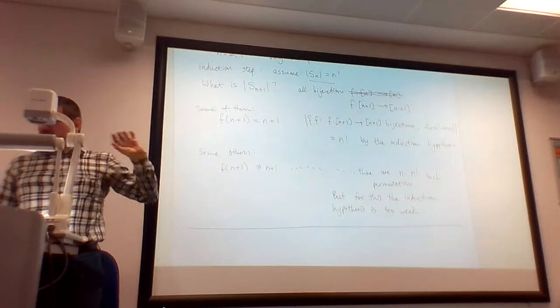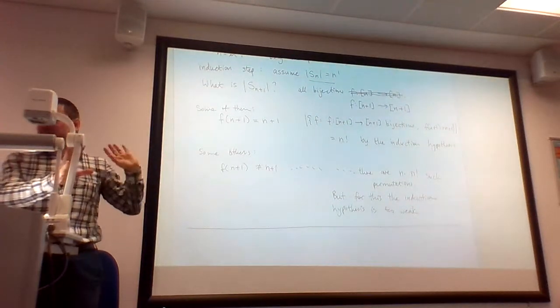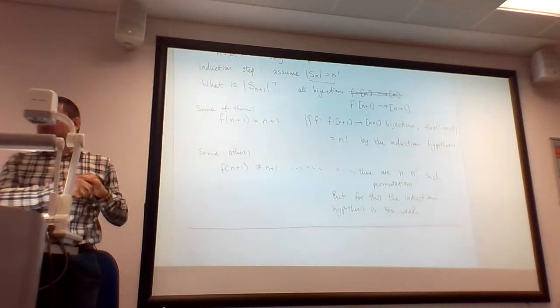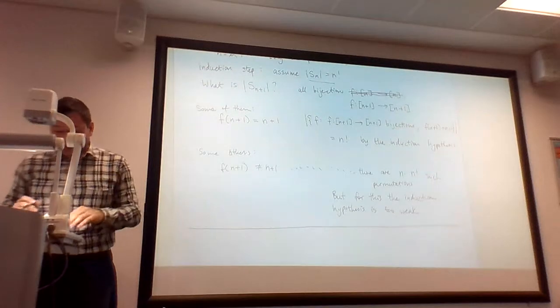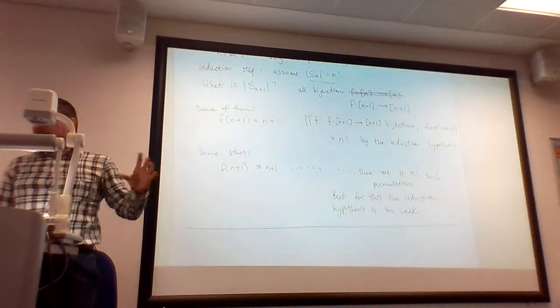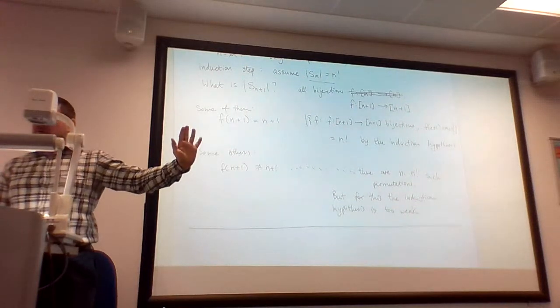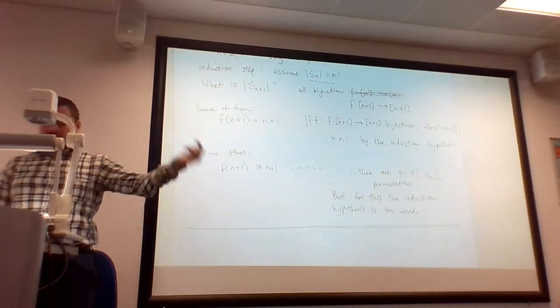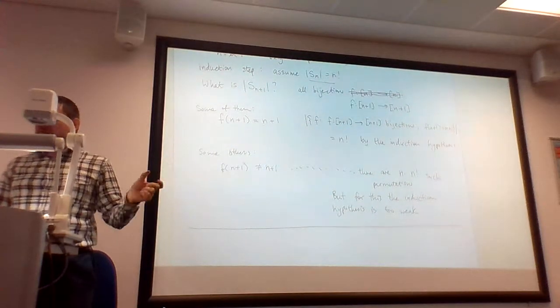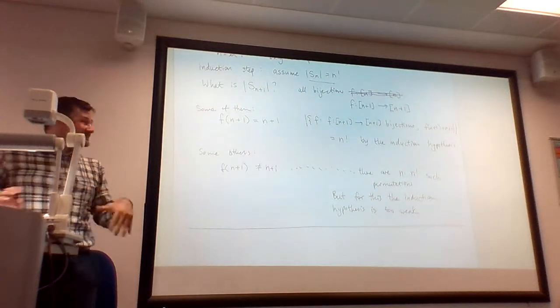What you actually need is that when you have two n element sets, the number of bijections from one to the other is n factorial. Because here, when f of n plus 1 is not n plus 1, you'll be mapping the first n elements to some other n elements, namely those that remain once you've picked your n plus first element.